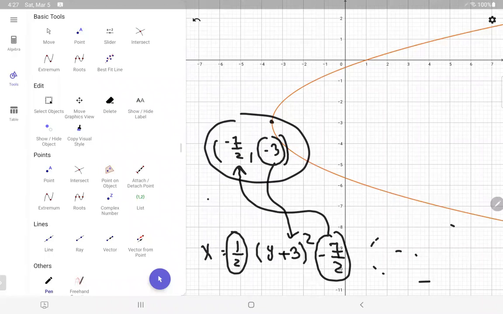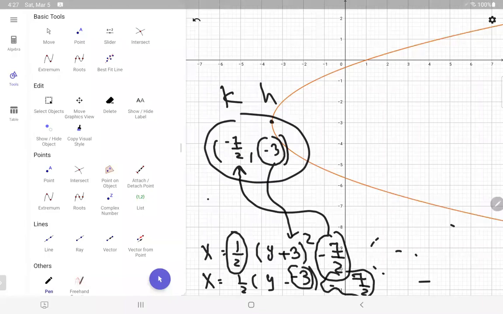So this is h, this is k. So the vertex is k comma h. And you can still think about this as we did before. You can tell me y minus -3, minus 7 over 2. Then you can tell me, hey, this is h, I mean, before, and this is k. But the order is different now. K comma h, the vertex, not h comma k.